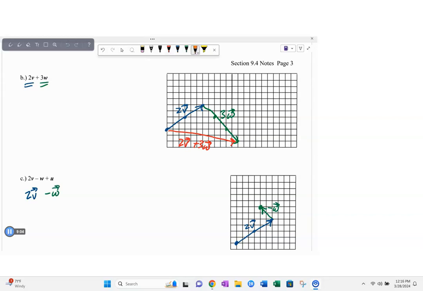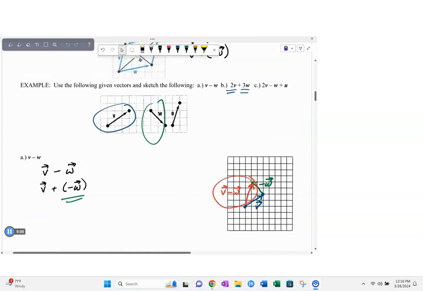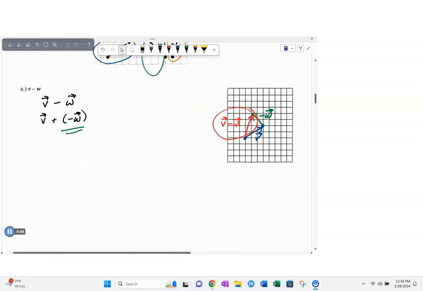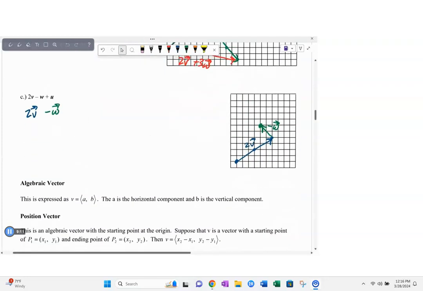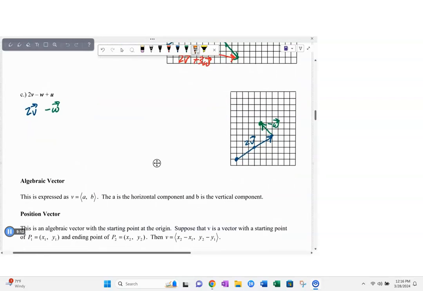And then plus u. Let's go look at u. U was up 3, right 1. So up 3, right 1, again from here. So here to here.